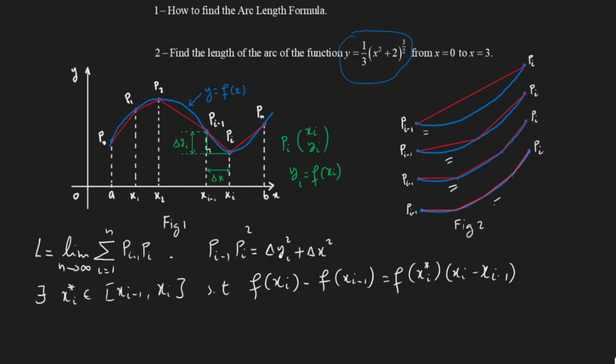Now, we did not say it, but delta yi is actually equal to f of xi minus f of xi minus 1. So this can also be written as delta yi equal to f prime of xi star times delta x.